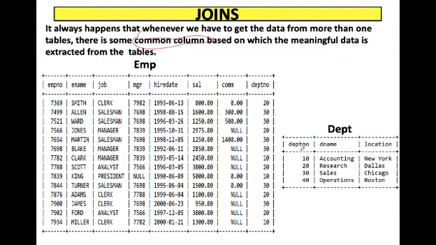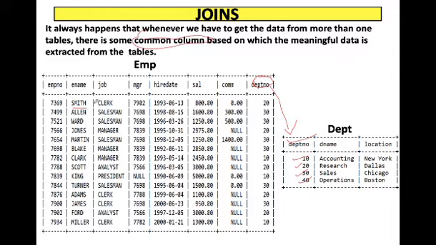Department number: in this table, the departments were uniquely identified by their department numbers. These are the different departments in an organization. So what I have done is, I have kept the column department number in the emp table also, so that I can relate it.